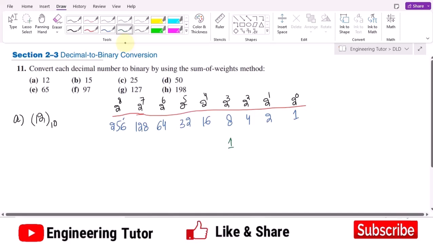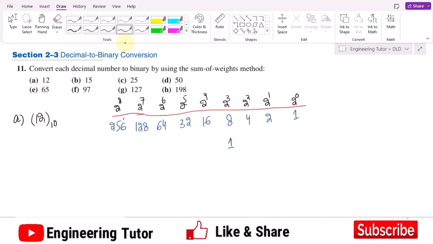Okay, so with 8, what is the other lowest possible number which, when added to 8, will give me this 12? That is clearly this 4. So when I write 1 with it, the others 2 will become 0.